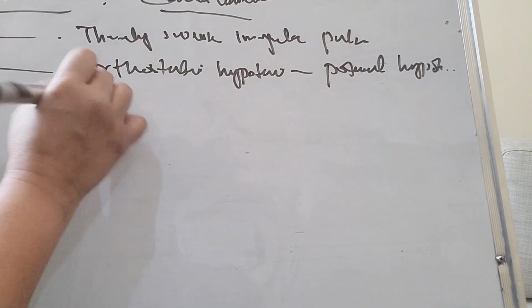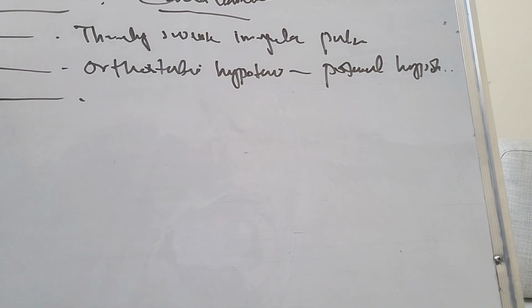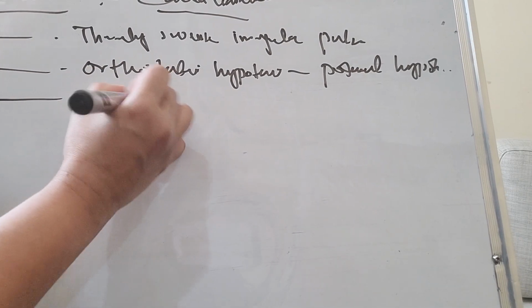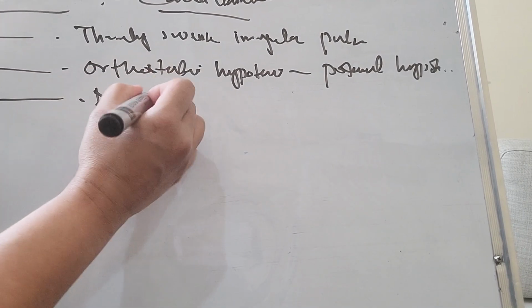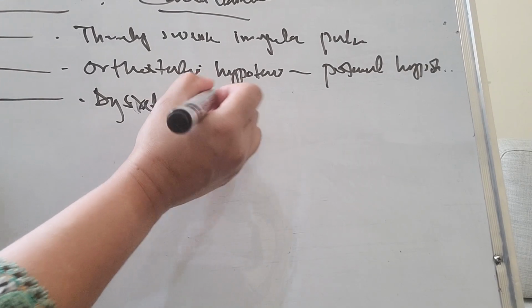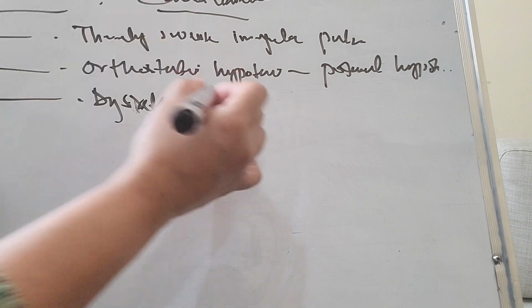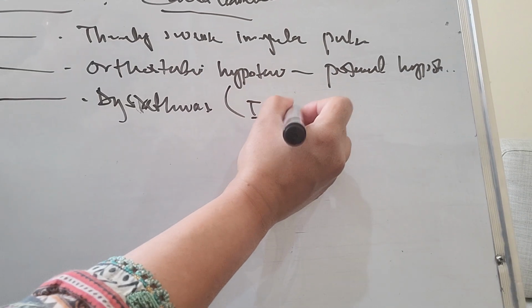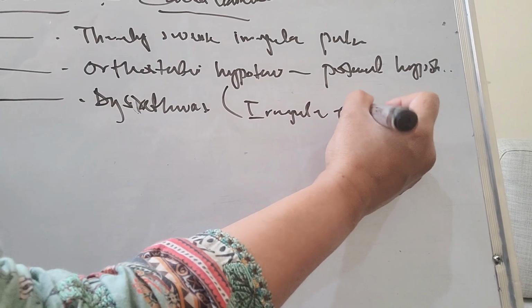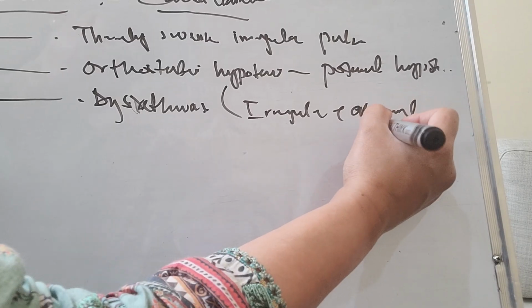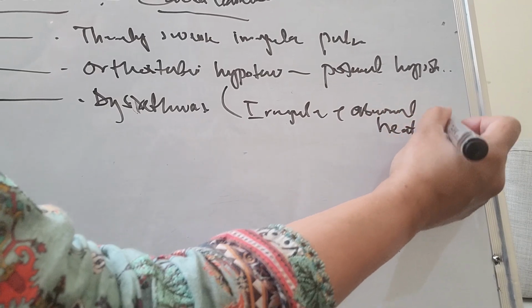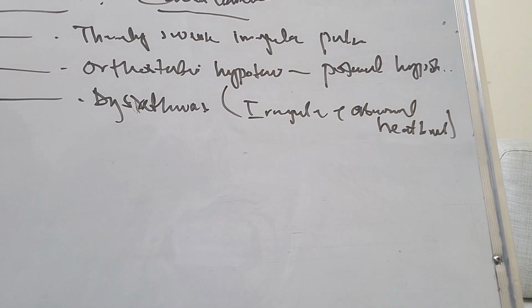Then dysrhythmias. What are dysrhythmias? An irregular or abnormal heartbeat. That is cardiovascular.